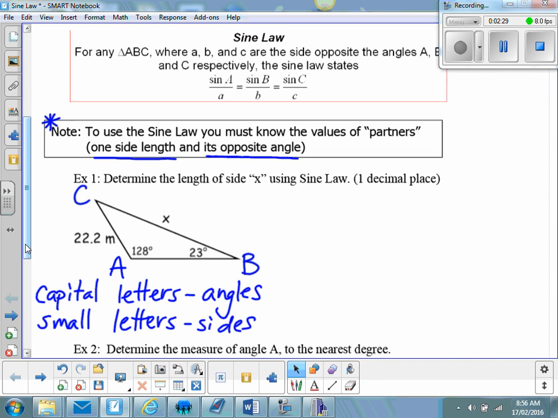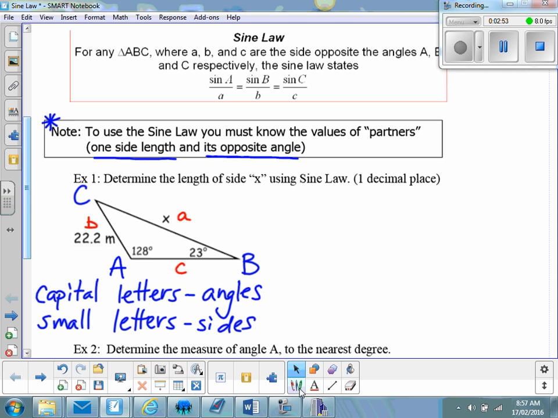So I've got the capital letters for the angles. Side A is opposite angle A, so this would be side A. Side C is opposite angle C, so this would be side C. And side B is opposite angle B, so that would be side B there.